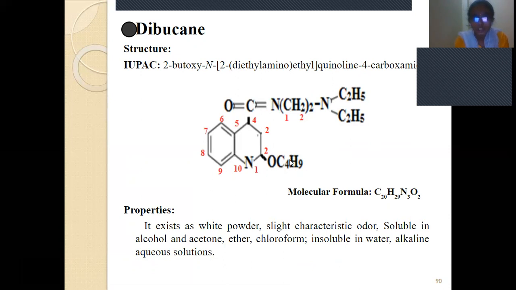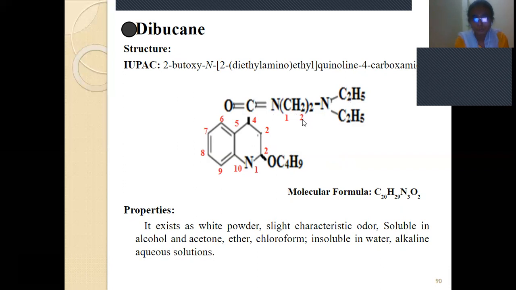In the second position, 4 carbon atoms with 1 oxygen are there, so it is butoxy. And here in the fourth position, the carboxamide is there, and here 2-diethyl amino is there. See here 2-butoxy, and here 2 carbon atoms are there, meaning ethyl.